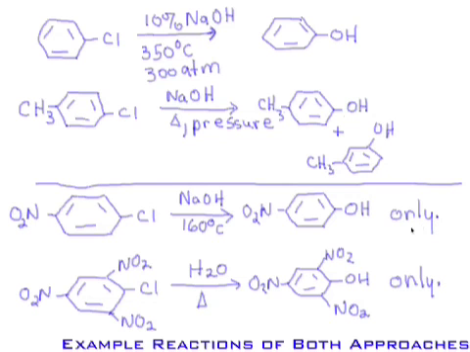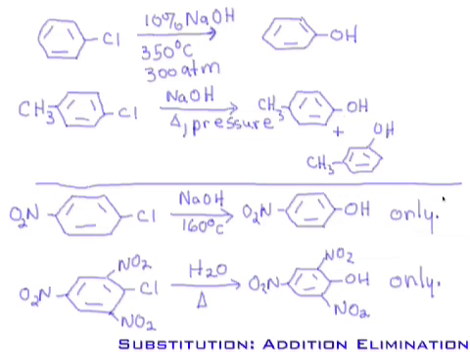The only rationalization for the difference has to be that there must be some difference in the reaction mechanism. So we need to look at the reaction mechanism for the nucleophilic substitution itself. What we're going to do is begin by looking at the substitution when there's electron withdrawing groups on. So let's look at this case first.